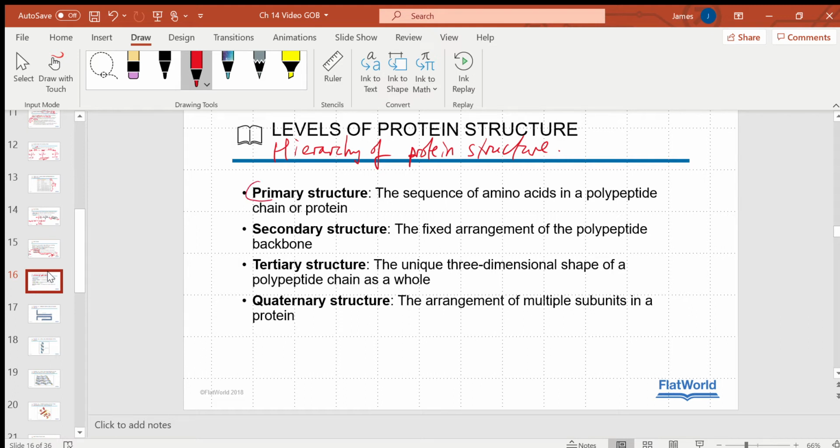Primary essentially are the amide bonds. So the amide bonds, remember, they're also called peptide bonds. This is a very strong structure. Strong because the amide bonds are covalent.